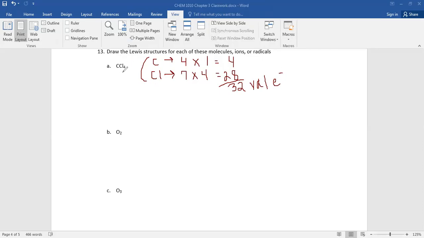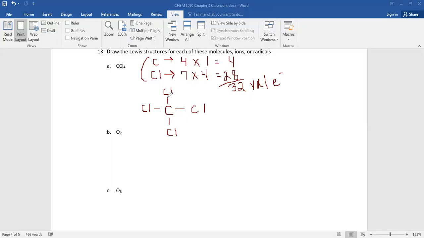The least electronegative atom in the Lewis structure is usually the central atom. Carbon is less electronegative than chlorine. So carbon will be in the center, and connected to it in single bonds will be the 4 chlorines. Each of these straight lines represents a single bond, and each single bond represents 2 electrons.